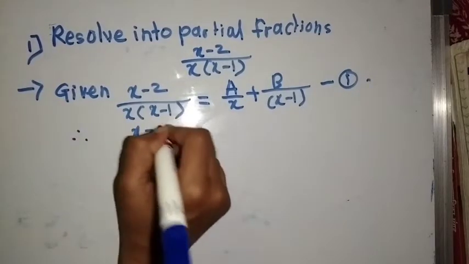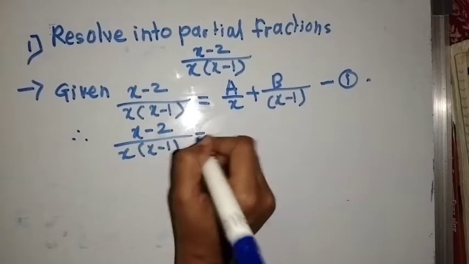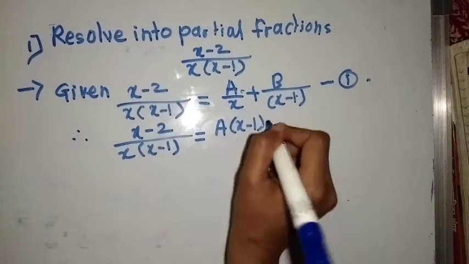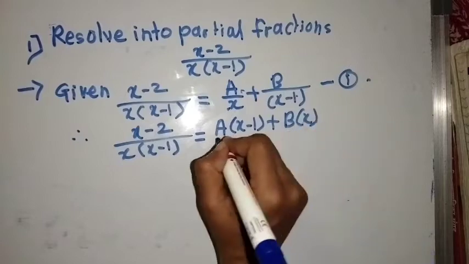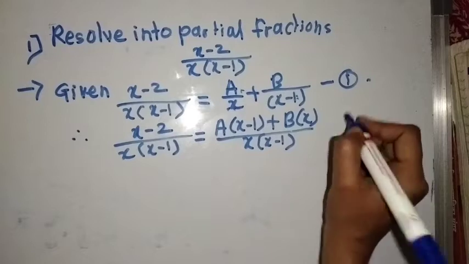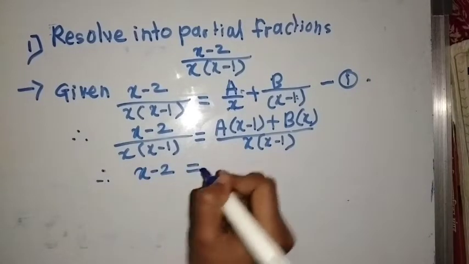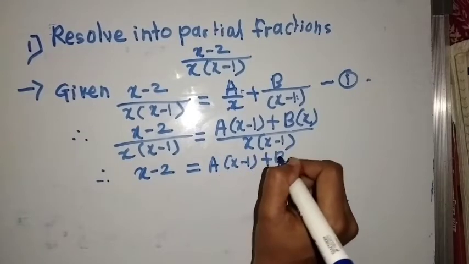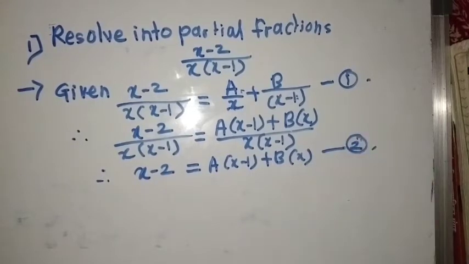Then we write x minus 2 is equal to A into this plus B into this, upon x into (x minus 1). Hence we get x minus 2 is equal to A(x minus 1) plus B into x. This is called the second equation.